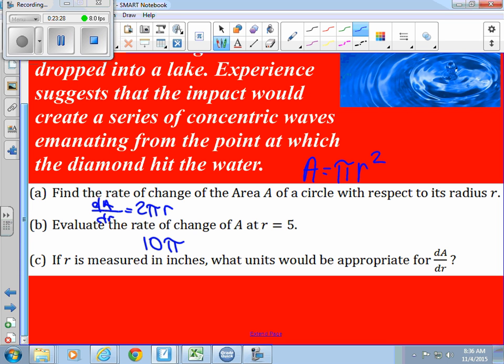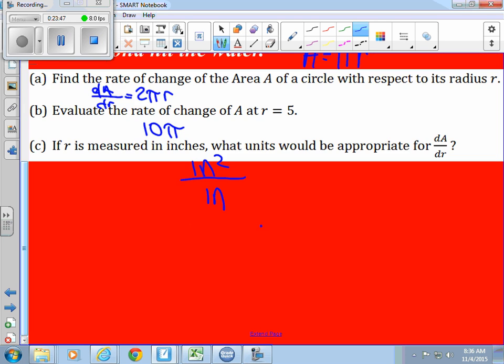What would the units be for the area? Change in area. Inches squared. What would the units be for the radius? Inches. So we would get inches squared per inch. Normally we just leave it that way. What is inches squared over inches?